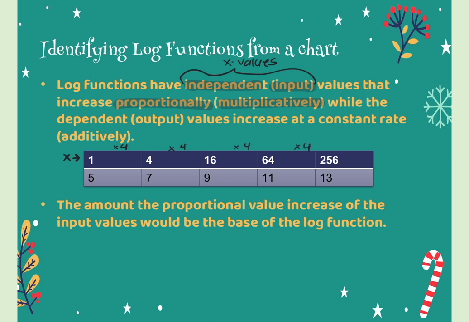And then the dependent, so again, important vocab, dependent or output values, this is your f of x, this is your y. Those increase at a constant rate or additively. So you can say constant rate or you can say additively. If you are describing the context, obviously you can use either of those things. If it's like multiple choice and you'll see it written in words, you have to pay attention that those things mean the same thing.